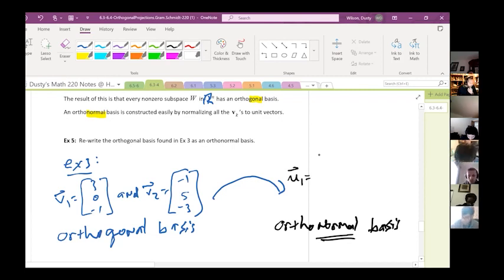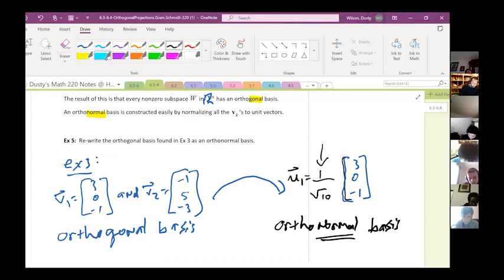What's the length of V1? So I've got some square root of 10s out there. So U1 is going to be 1 over root 10 times the V1 vector.